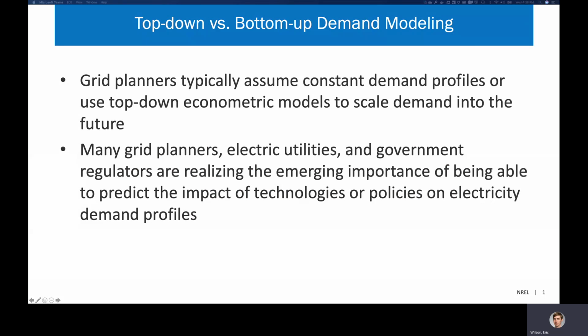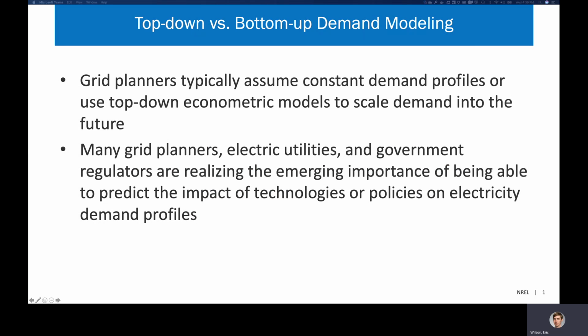To introduce the concept of bottom-up demand modeling, I first want to talk about how grid planners today typically assume constant demand profiles when projecting out into the future, or they may use top-down econometric models to scale the demand profile into the future.